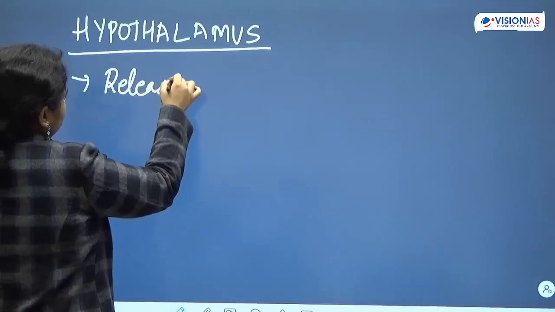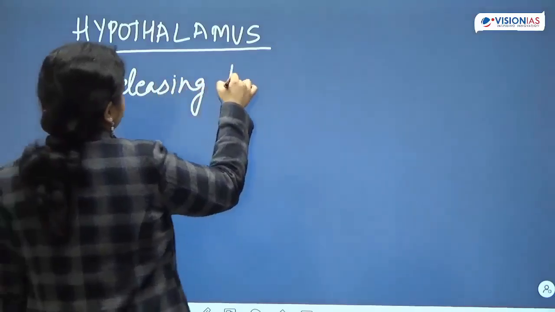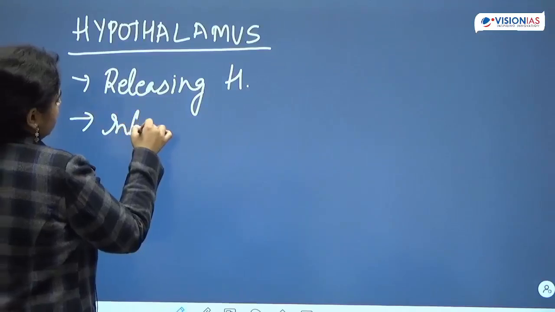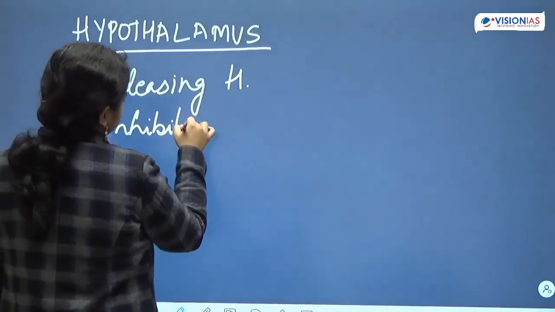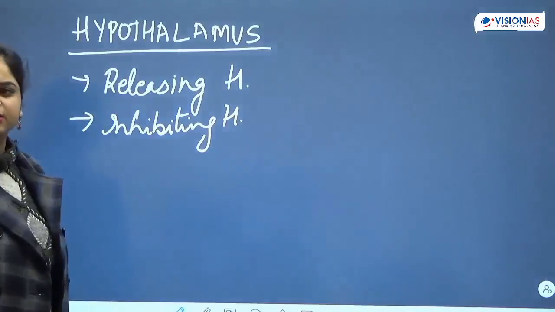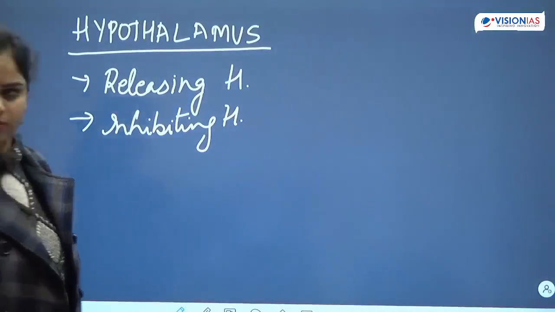There are two hormones released here. One is called releasing hormone, and the second one is inhibiting hormone. Releasing hormone and inhibiting hormone.